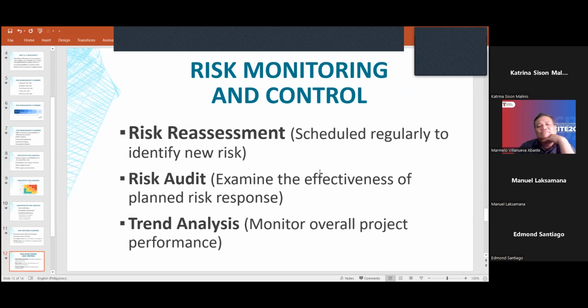risk audit, and the trend analysis. In terms of risk reassessment in risk monitoring and control, it is scheduled regularly to identify new risks.